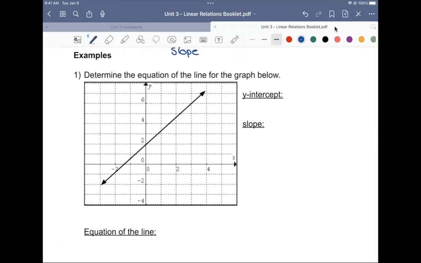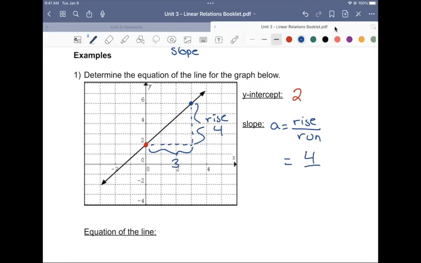If we are determining the equation from a graph, remember our first point, find the y-intercept. In this case, it is 2. Then we are going to pick a second point on that graph, and I can calculate a as rise over run. So this is equal to my rise is 4, and my run is 3.